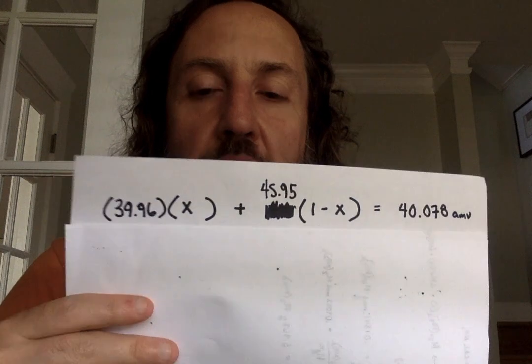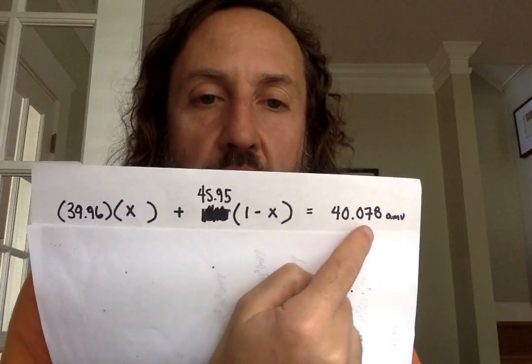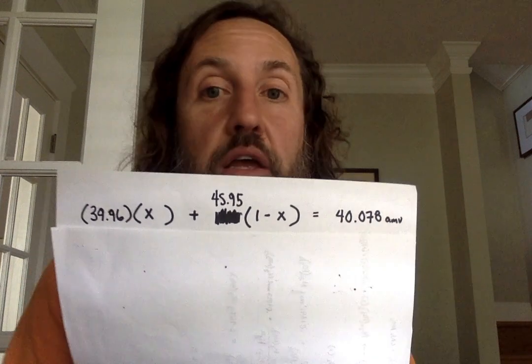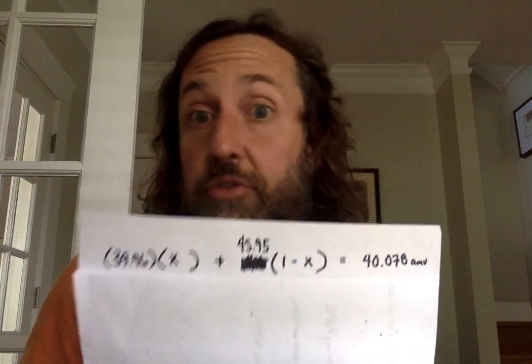So here's how we're going to solve this. The first thing we're going to do is arrange our problem, so no spoilers. This is looked up from the periodic table, and that's going to be the answer. Sometimes they'll give you that, or sometimes you'll just have to look it up.